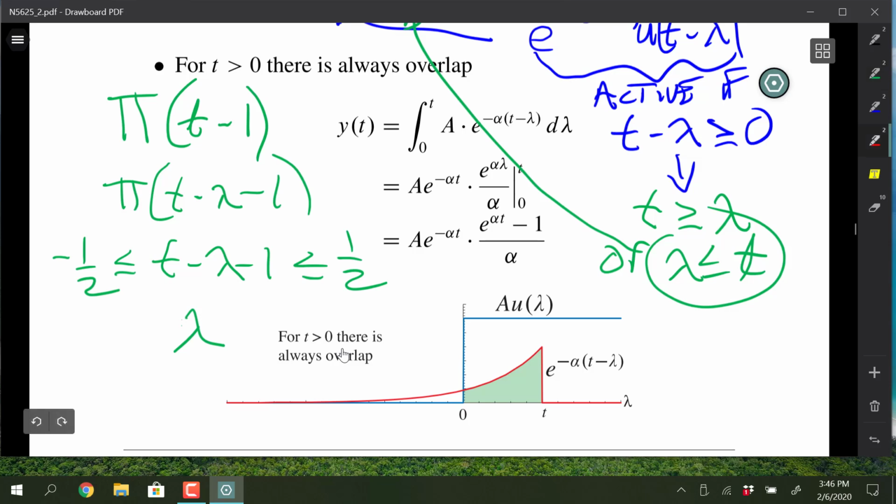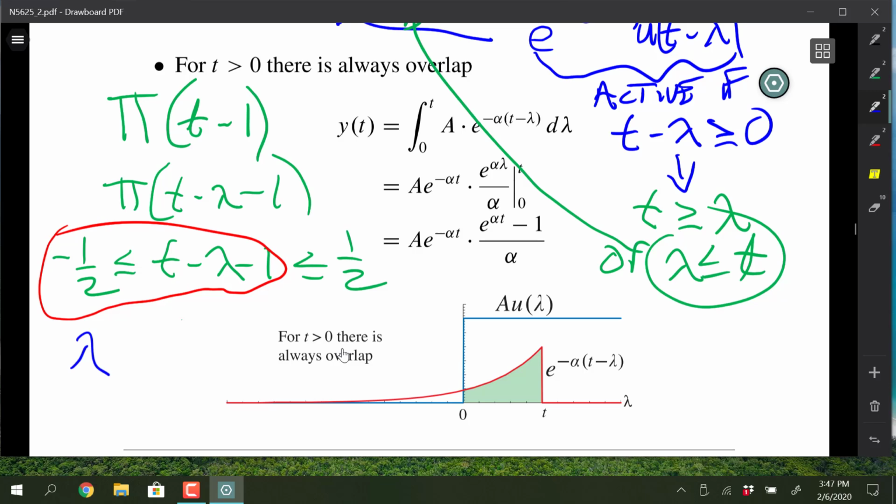I'll move lambda to the far left side, so lambda less than or equal to t plus 1/2 and minus 1, which equals t minus 1/2.